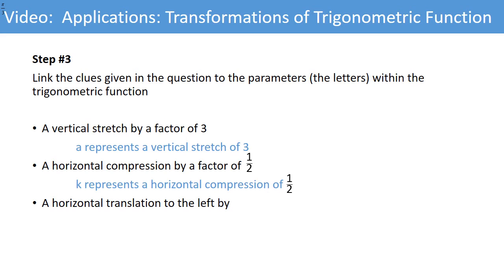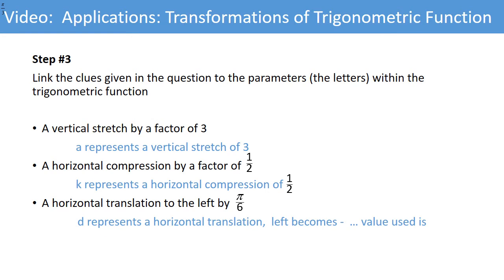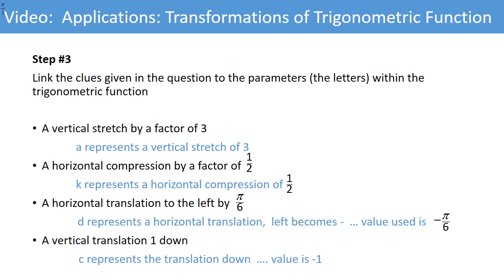A horizontal translation to the left by pi over 6 gives us the value D equal to negative pi over 6. And a vertical translation 1 unit down represents the C value, which is negative 1. When we're done the graph, we need to come back and verify that we do have these values.